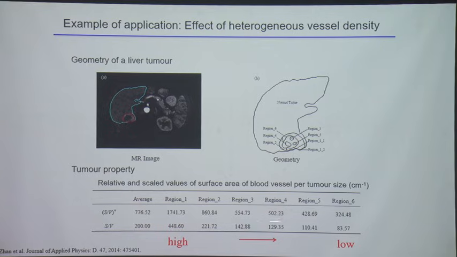So we're able to get this number, and then this was scaled based on the MR signals that we obtained. So at least this allows us to differentiate the regions. Each of these regions in this order has a higher S to V ratio, which means this region is more vascularized than this region.